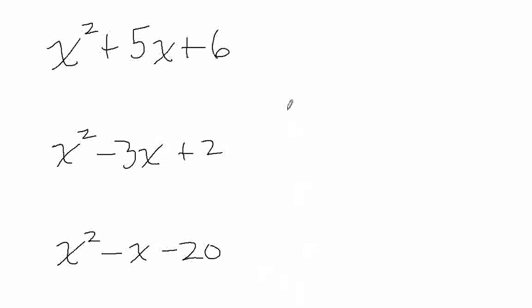All right, so I'll just go ahead and tell you that the first one is x plus 2 times x plus 3. All right, and you're going to learn how to factor these. Now, if you're ever unsure if your factorization is correct, just go ahead and FOIL it out.